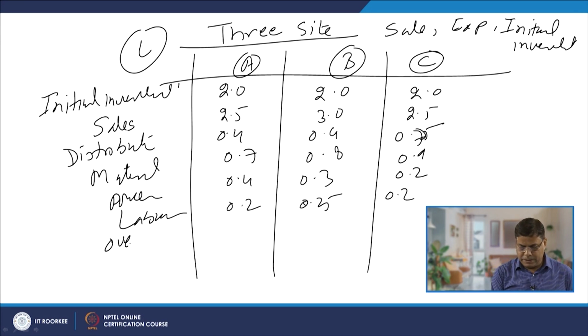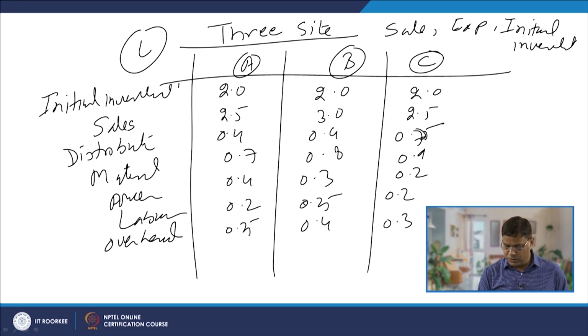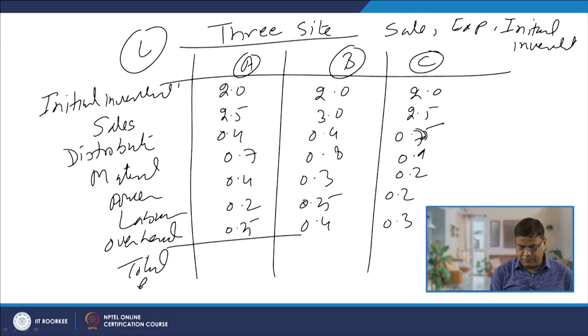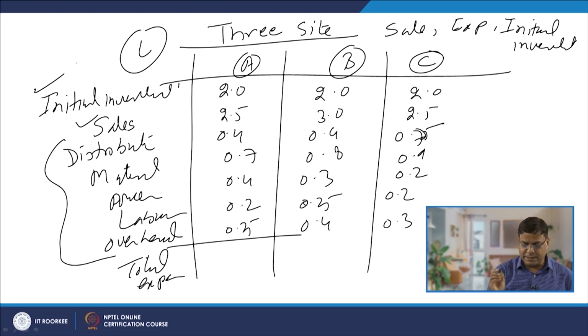Then expenditure on overhead for producing the things is 0.25, 0.4 and 0.3. So, this is the total expenditure on these heads, this is the sale or revenue and this is the initial investment.